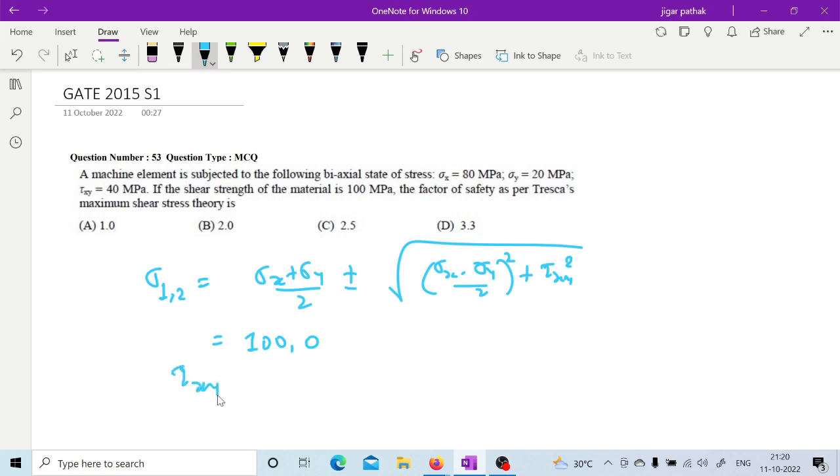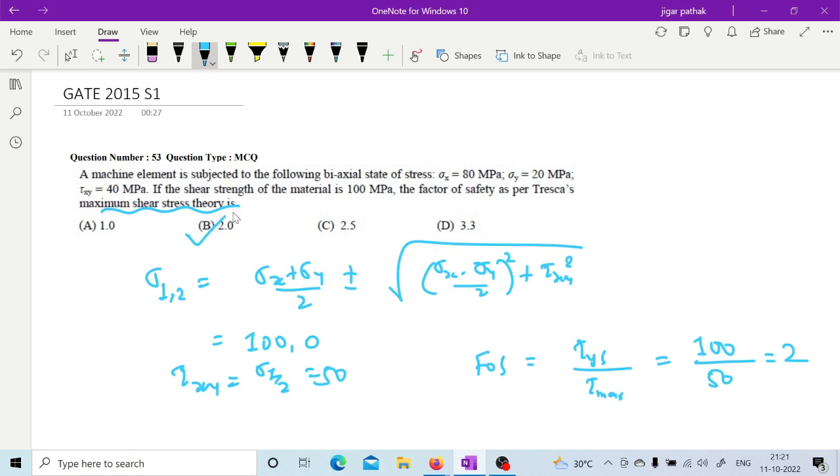Then tau max is sigma 1 by 2, which is 50. As per Tresca's maximum shear stress theory, the factor of safety is equal to allowable upon maximum, which is 100 divided by 50, equal to 2. This is how you will get 2.